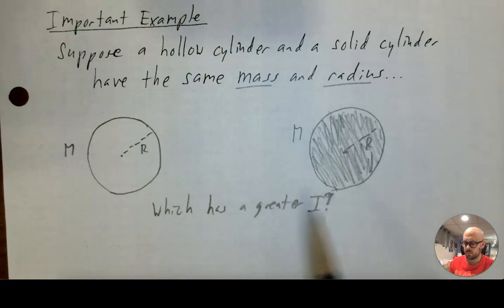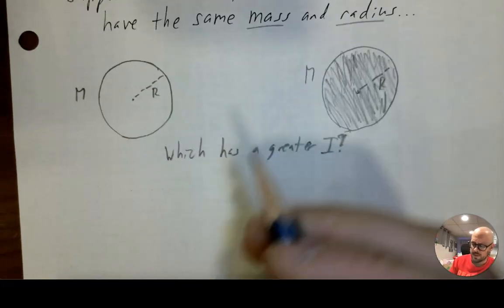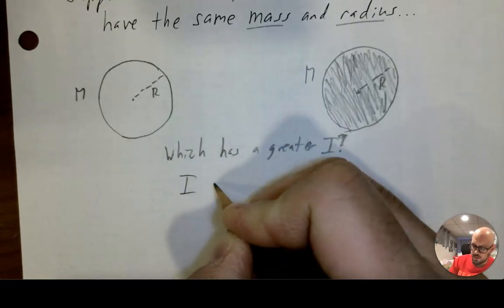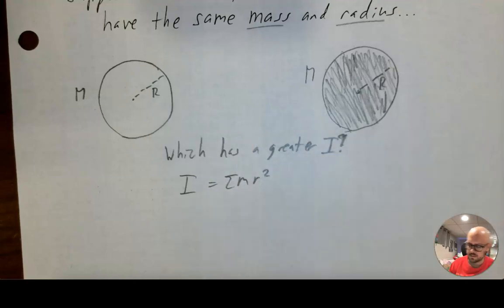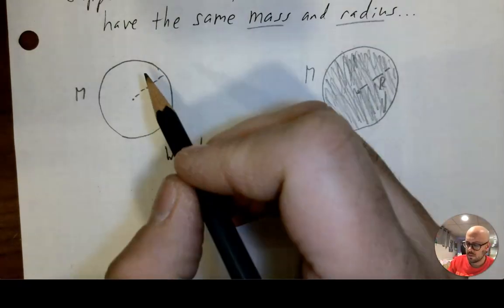Now, the reason why you're expected to answer this is just because they have the same mass and radius, because I depends on mass and distance from the axis. And it's this distance from the axis that means the most. If they have the same mass, then the total particles weigh the same. The total number of protons and neutrons is the same.